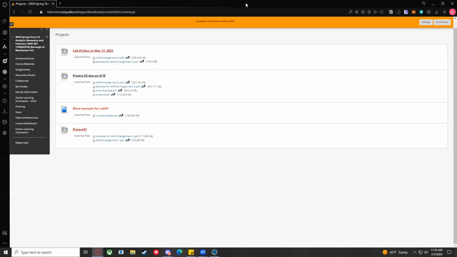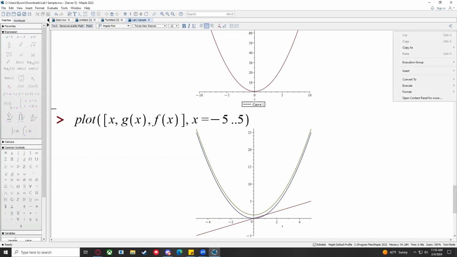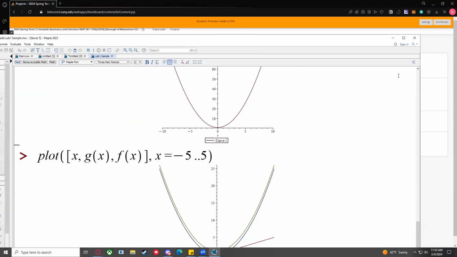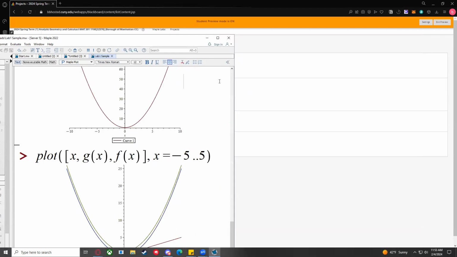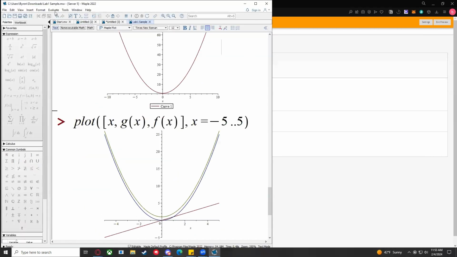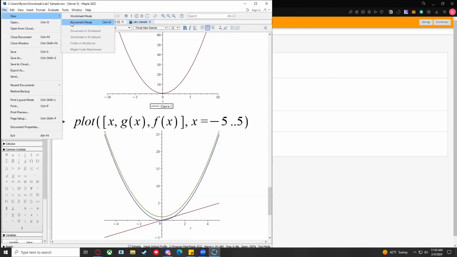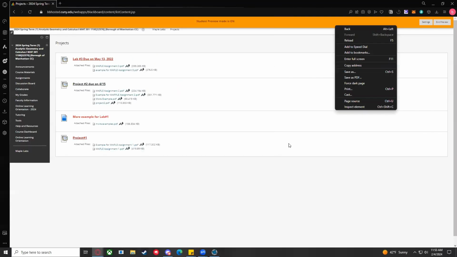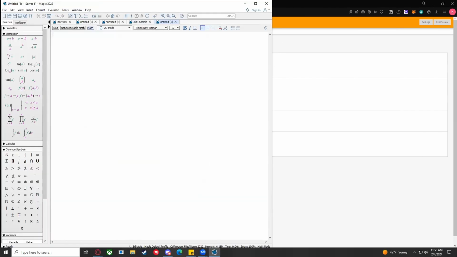All right, so I'm going to jump into that now. I'm going to go ahead and show you how I normally would work on a lab. What I'd like to do is make this half my screen here. Let me make a new document. And then on the other half, I would put the lab itself.